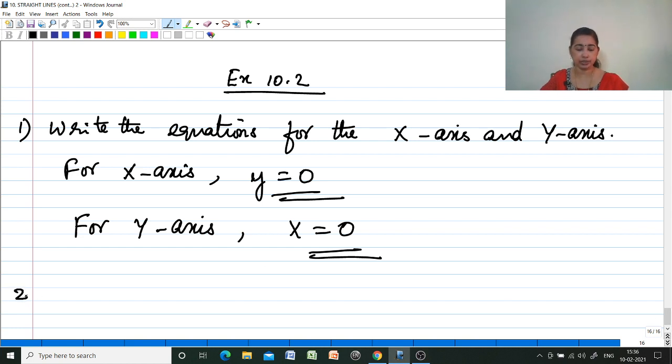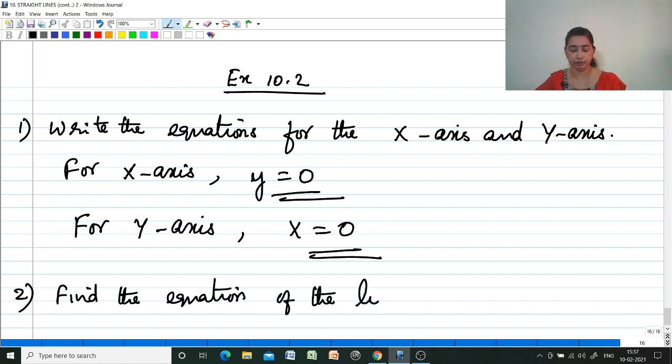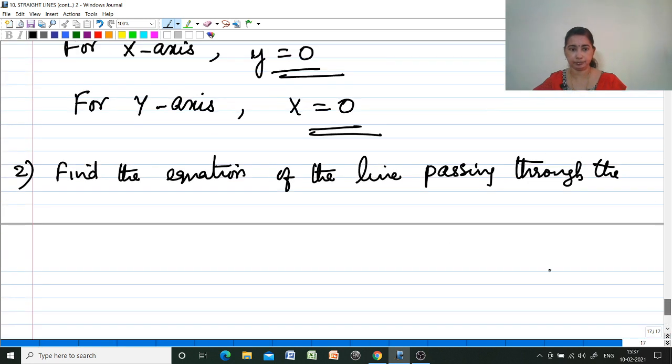Then second question: find the equation of the line passing through the point minus 4, 3 with slope 1 by 2.